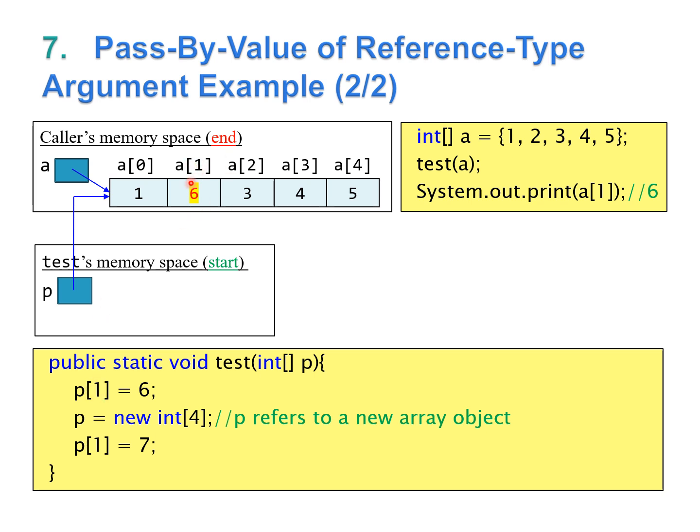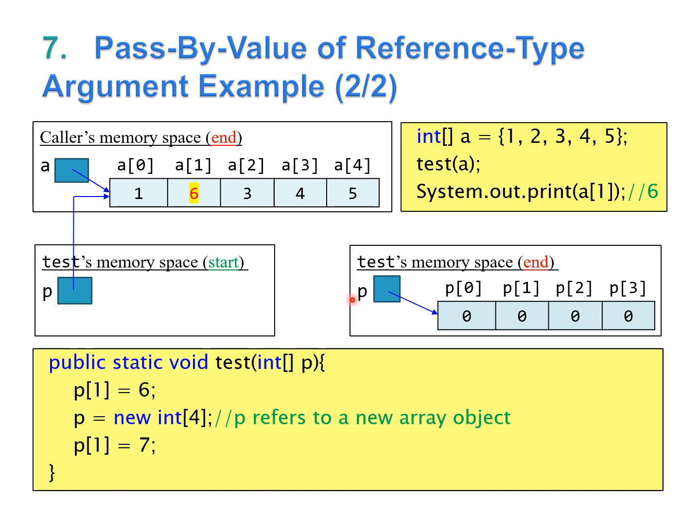But after parameter p is assigned to another array object created in the method test, the parameter p no longer refers to the array object in the caller. It now refers to the new array object in the memory space of the test method.